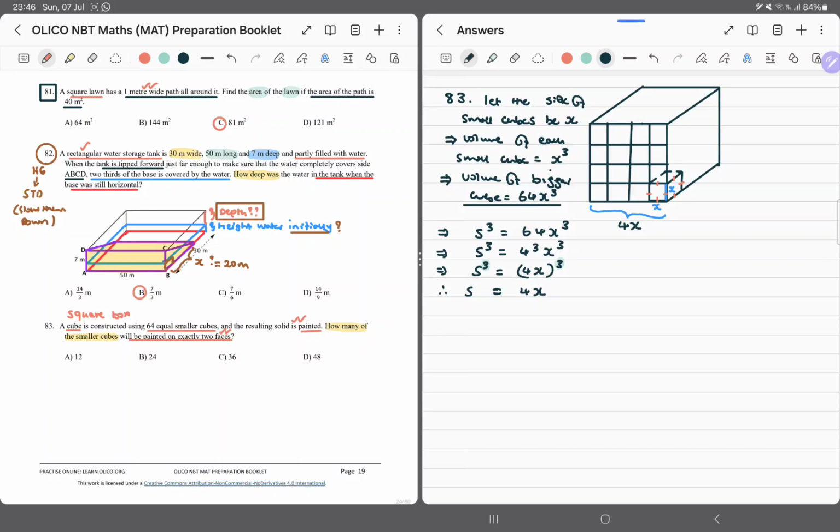Each side is made up of small cubes in that manner. So we can continue this side so that we can do the things that we need to do. Right, and then we can also see here that this must be in this manner. Okay, great.